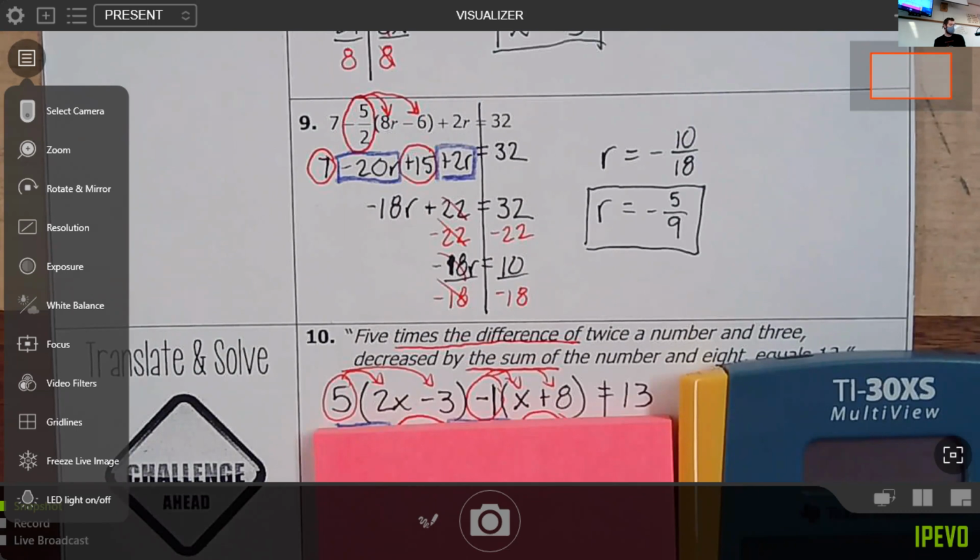Take a look here. A little guidance there if you need it for what to do first. Distributing.